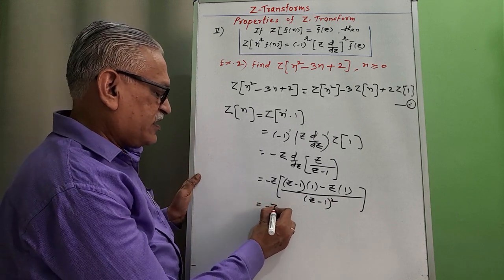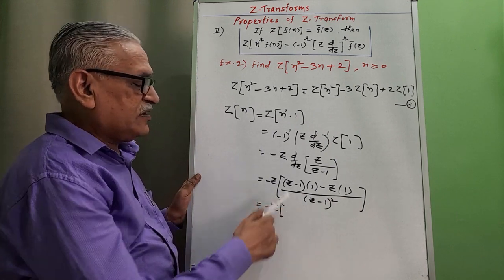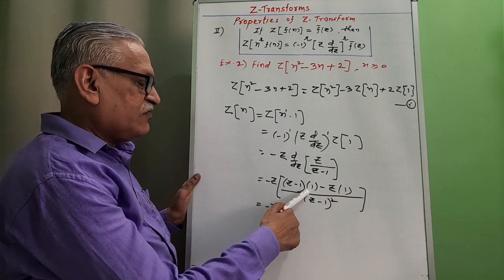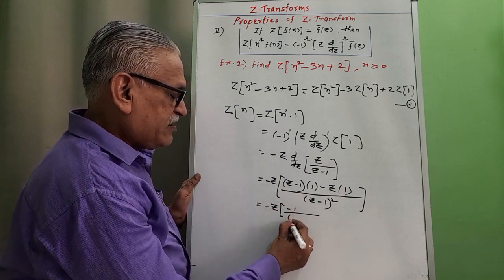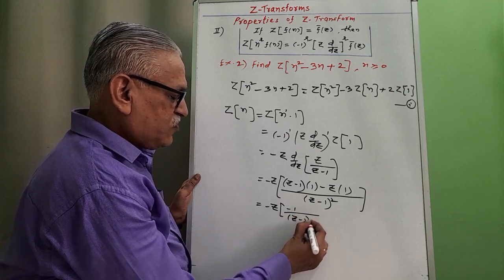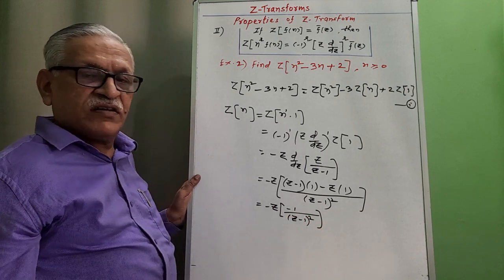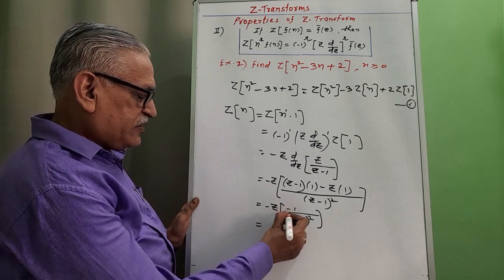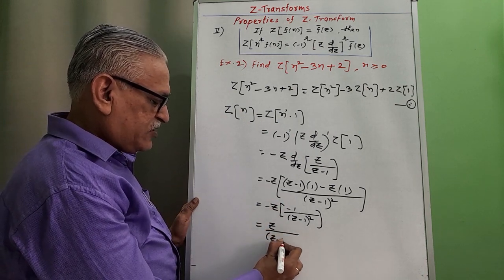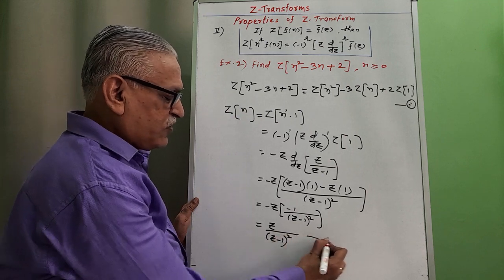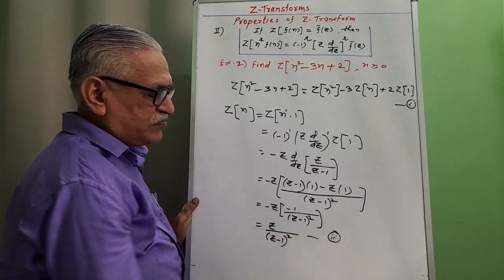It is minus z. Z minus z cancelled. We have minus 1 remaining, divided by z minus 1 whole square. And therefore minus minus becomes plus, z upon z minus 1 whole square. We call this equation 2.